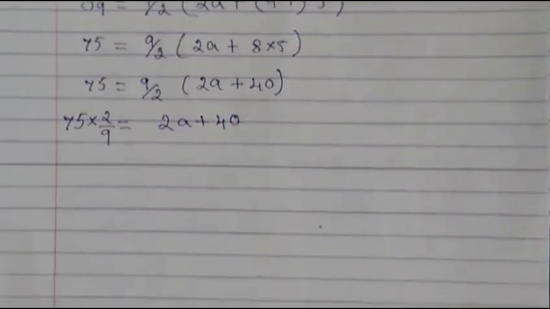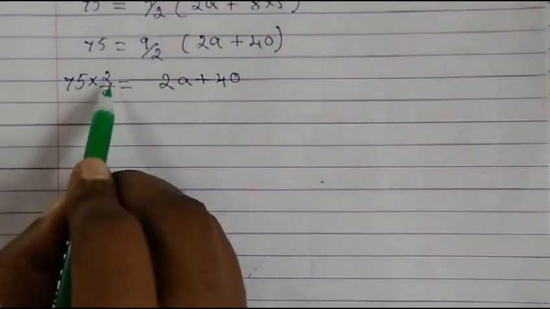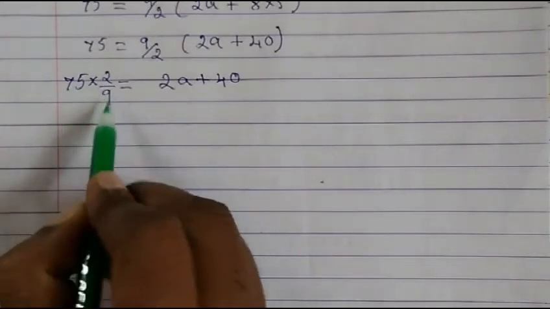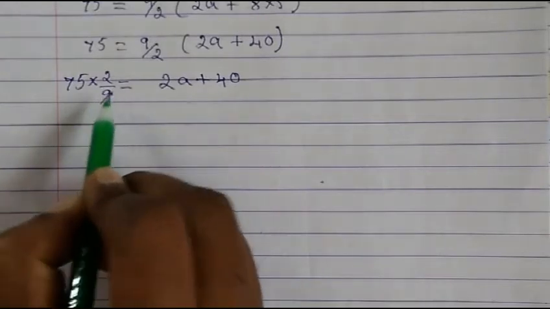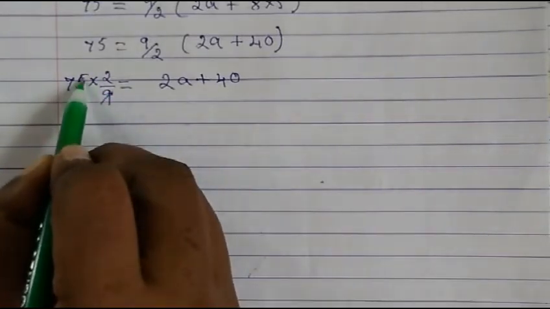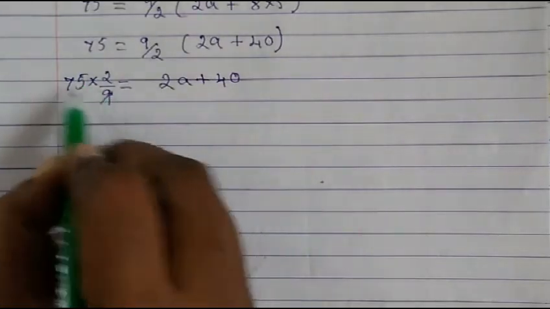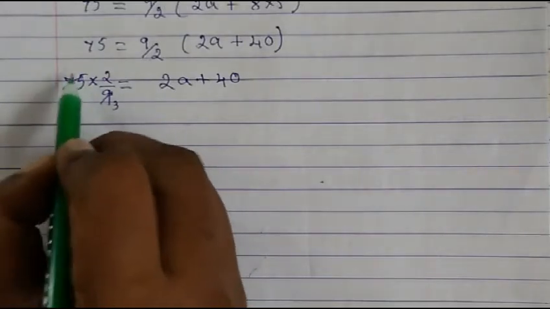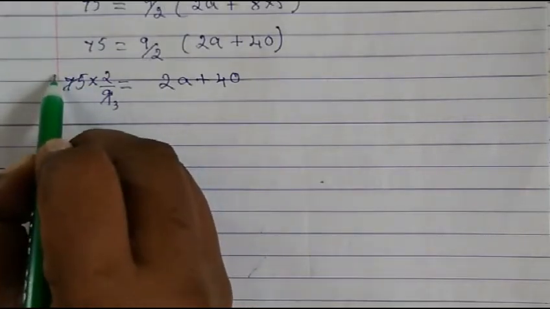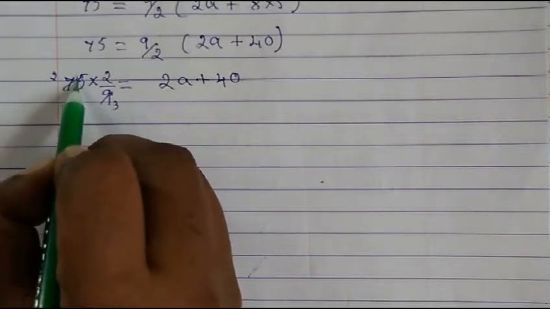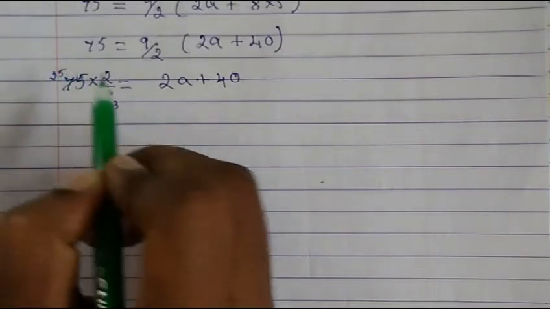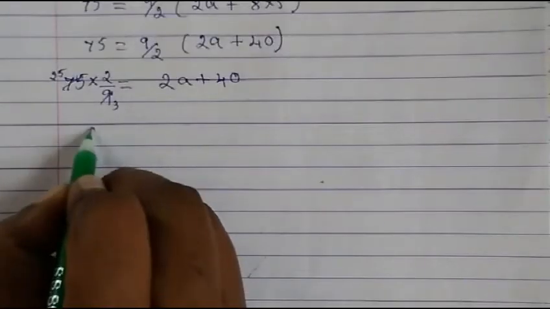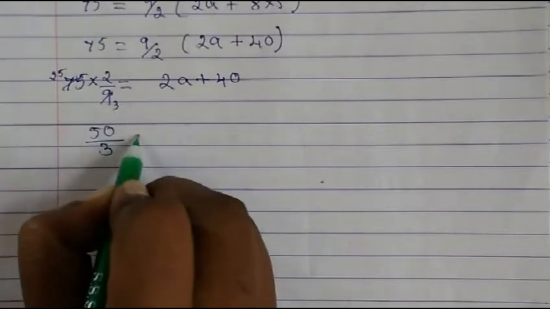Now 75 into 2 when you multiply, or we can divide also with the table of 9. Table of 9 will not come, table 3 will come. 3 times 9, then 2 3s are 6, 1 is carried forward, 5 times 3, 15. So then 25 into 2 will give us 50 upon 3.